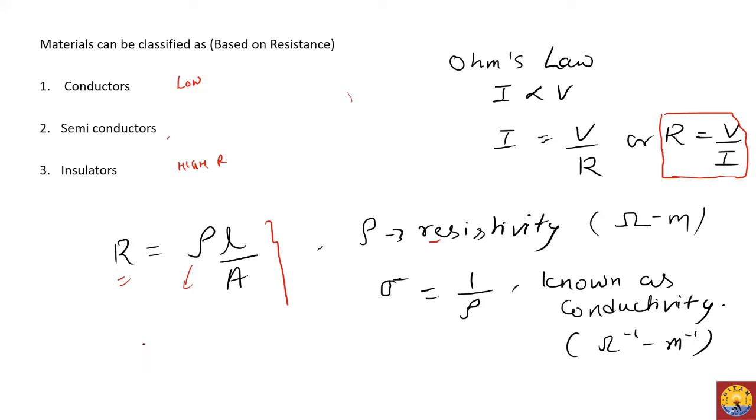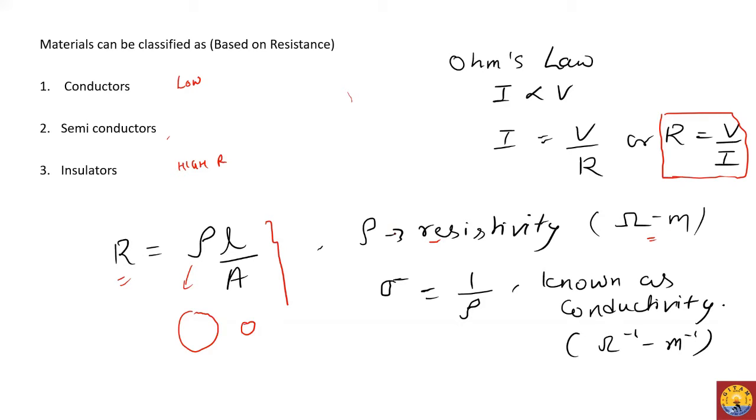When you want to conduct very high values of current, you need to take a thicker wire. And if you want high resistance, you need to take a thin wire. So a thin wire will have higher resistance, and a thick wire will have a low resistance. And the unit, as we all know, is ohm meter, or we can take ohm centimeter.